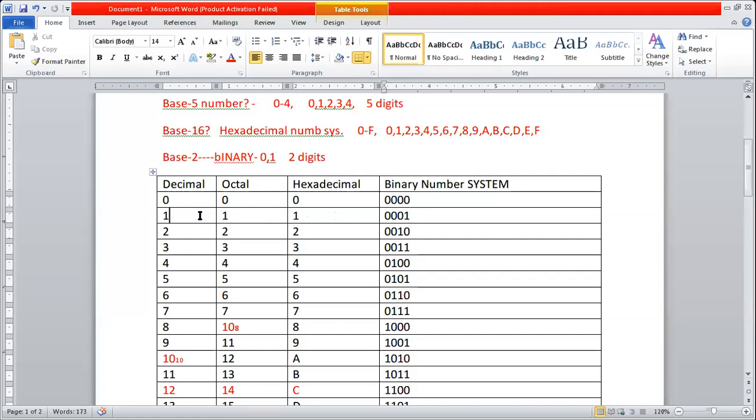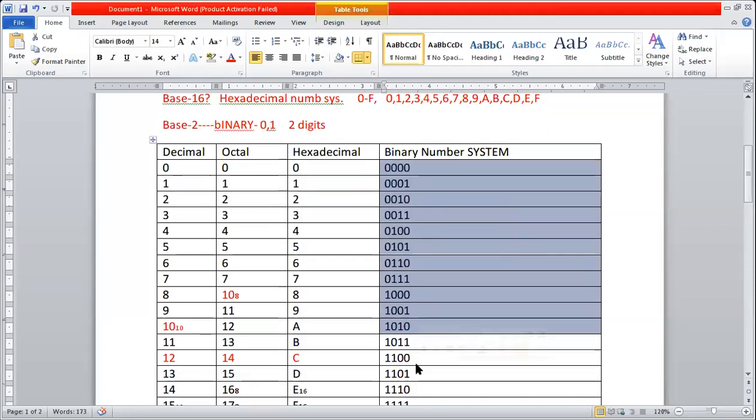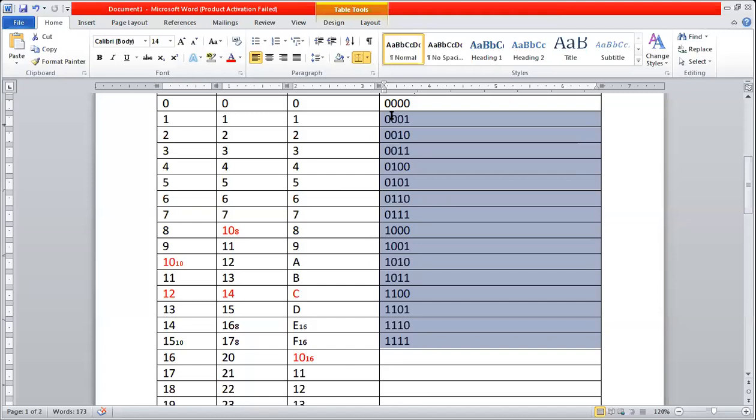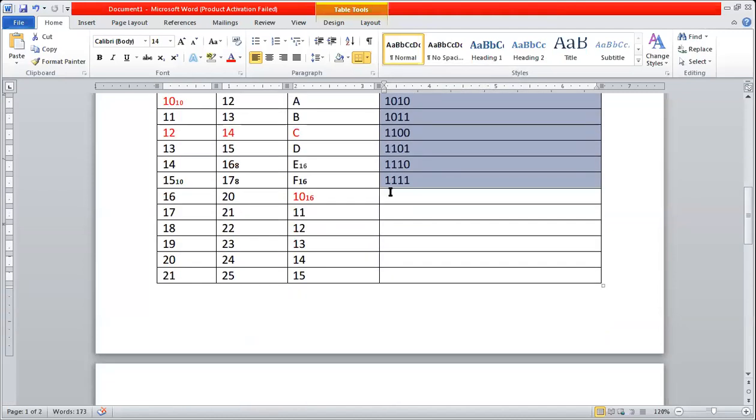So the decimal number system or octal number system or hexadecimal number system, whatever it may be, is going to be represented by only 2 digits, 0 and 1. Understood?